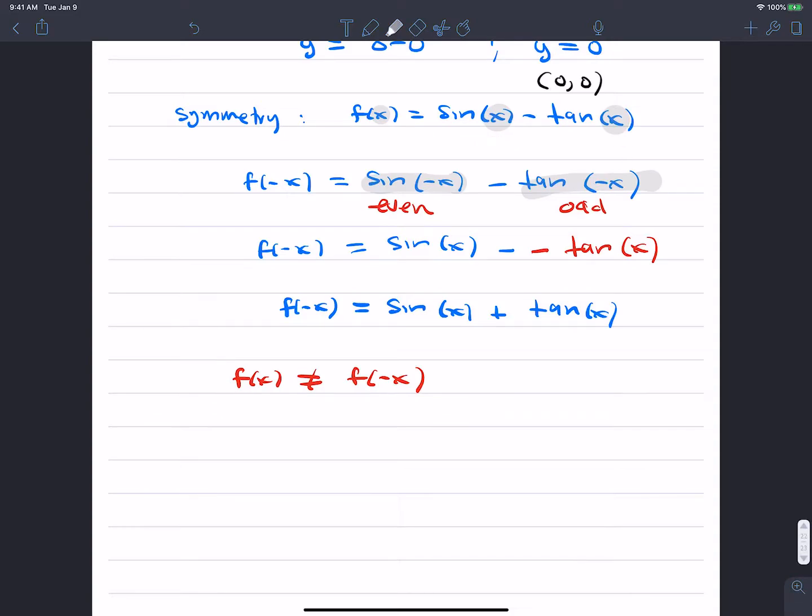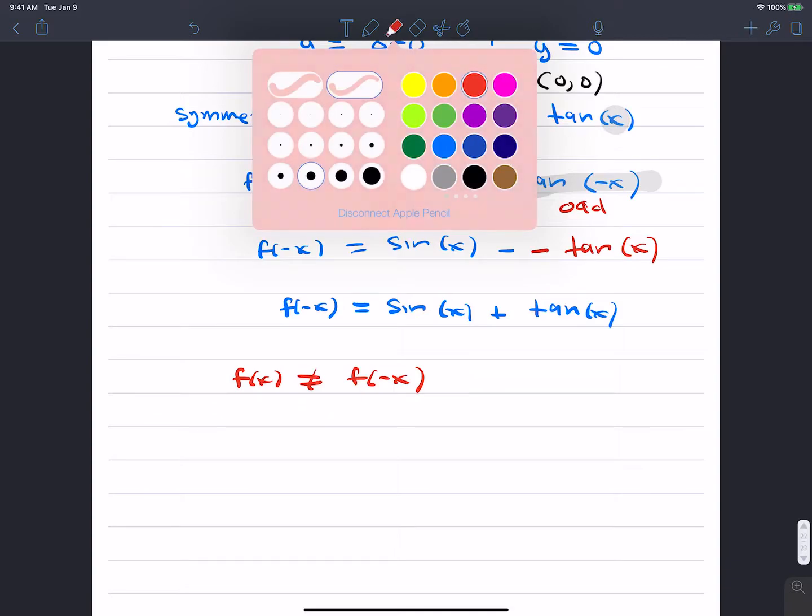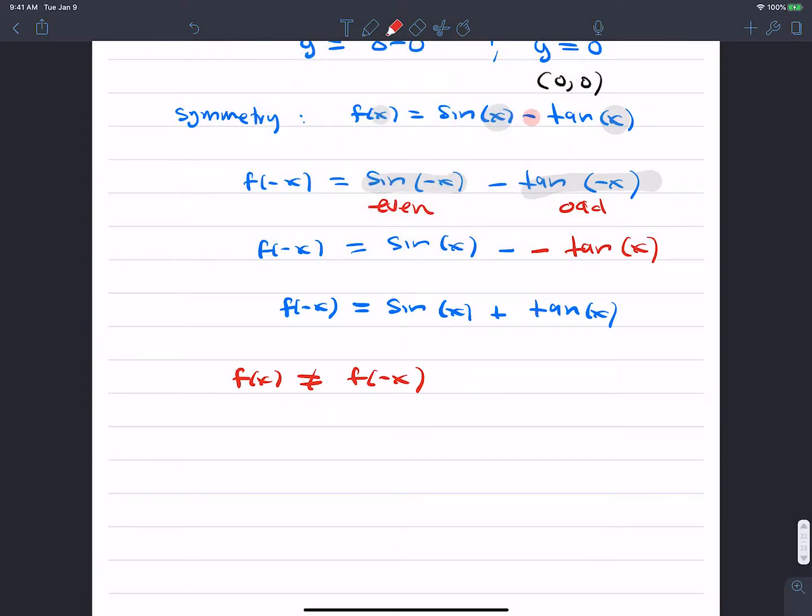This is where they're different, right in here. So that's enough to say that this is not even. Now, is f of x equal to the opposite of f of minus x?